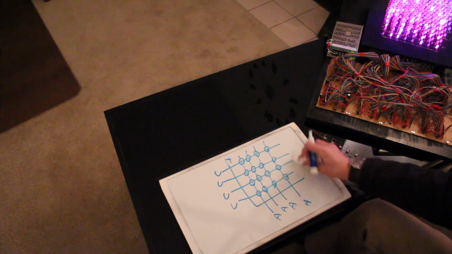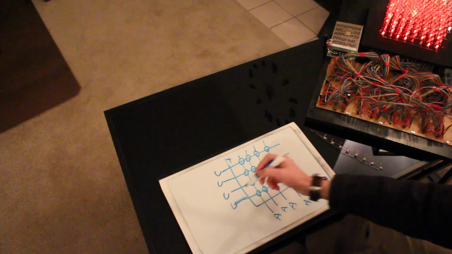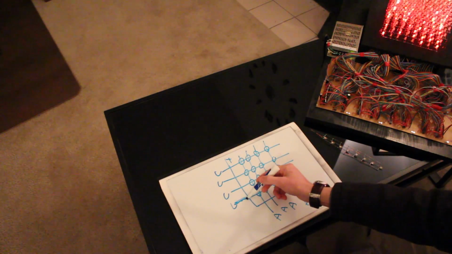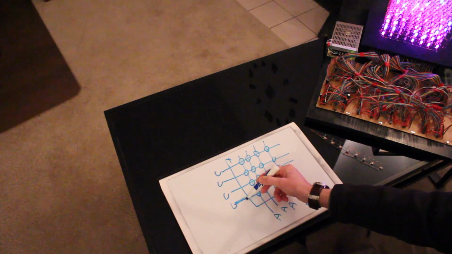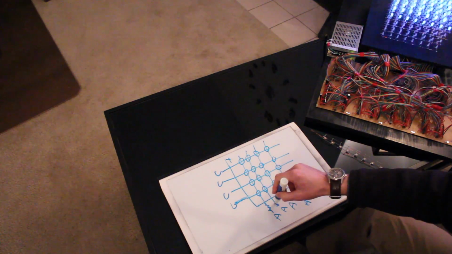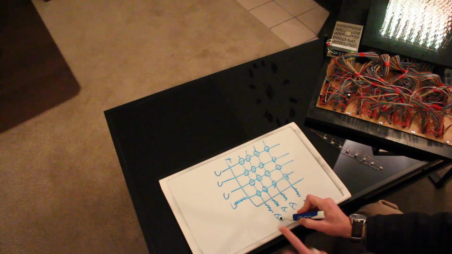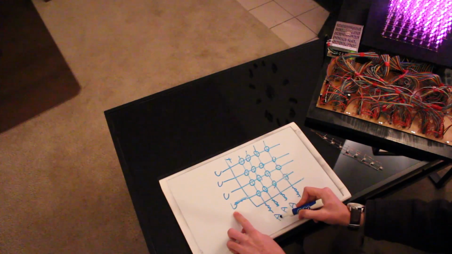Anyway, how we control them is very simple. You make one row low. So make this row low, and then on the anodes here, you could put your current limiting resistors. If you want to light this LED up, you make that 5 volts.